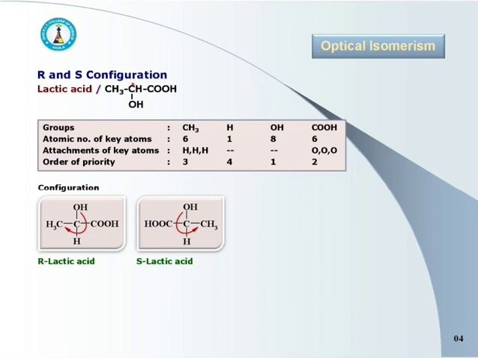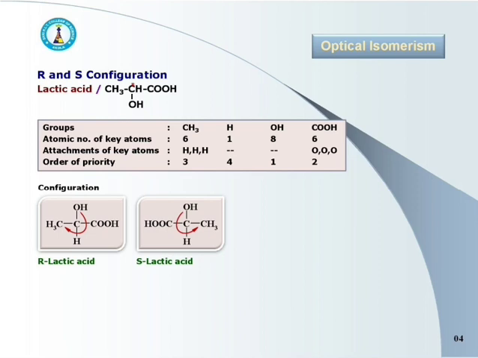The key atoms of these groups are carbon, hydrogen, oxygen for OH, and carbon for the COOH group. Now the atomic numbers of the key atoms are 6 for carbon, 1 for hydrogen, 8 for oxygen, and again 6 for carbon.